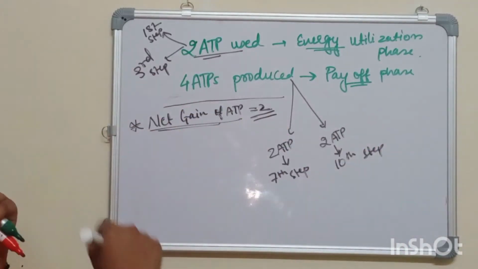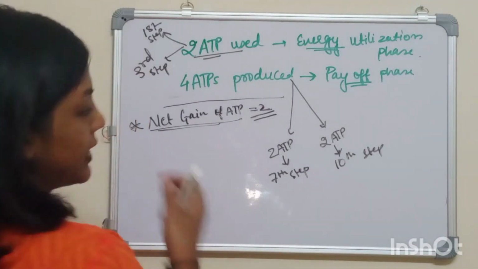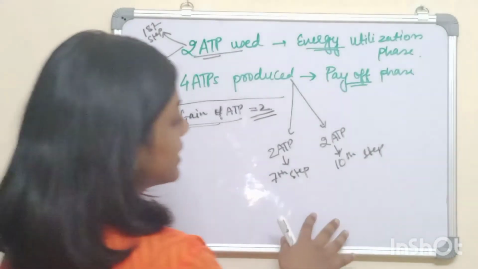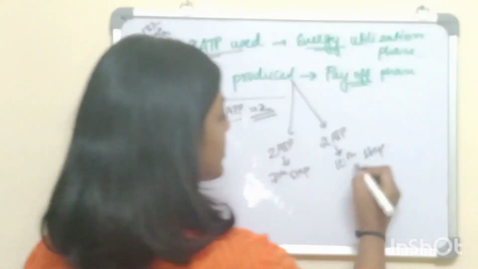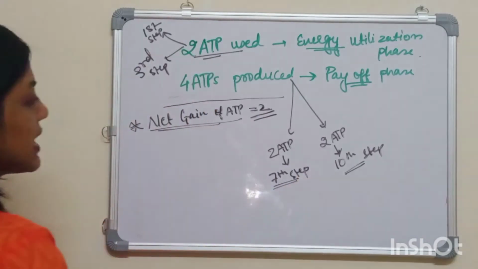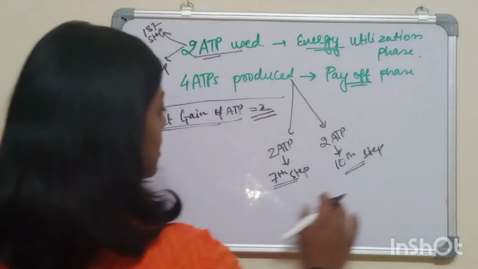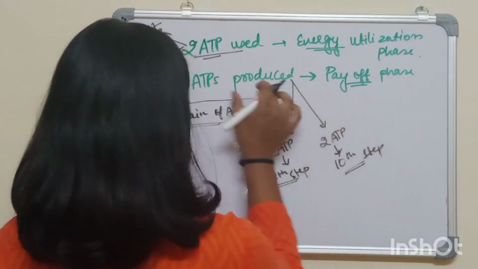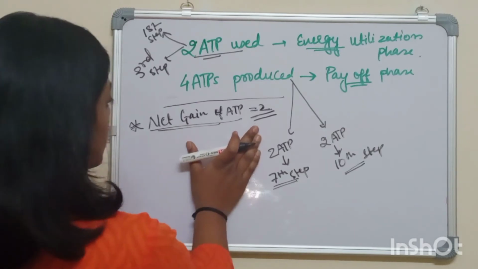I made a mistake in the earlier slide, where I mentioned the 2 ATPs in another step, I guess the 8th step, but 2 ATPs will be produced in the 10th step and 2 ATPs in the 7th step. So this is 2 plus 2, 4 ATPs produced and 2 ATPs used in the first and third step, so net gain is 2 ATP.